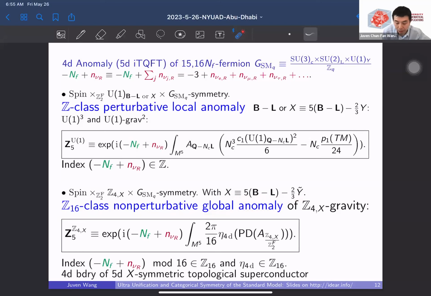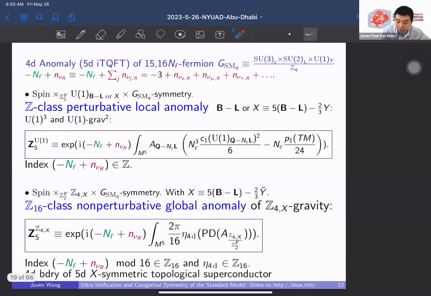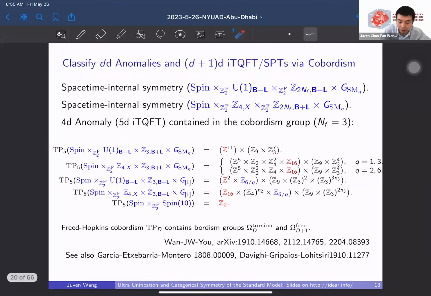Okay. So what the cobordism check here, given in this reference, using Freed-Hopkins cobordism calculations, shows is that given the standard model data, indeed most things are canceled as they should. And we don't really have too much room other than just the Z square and Z16.